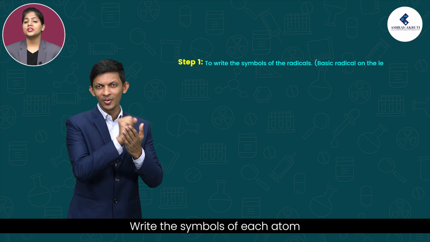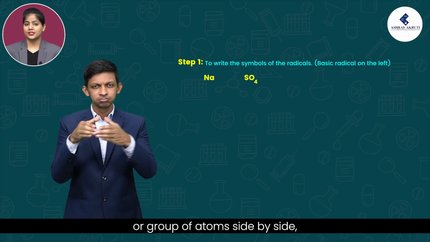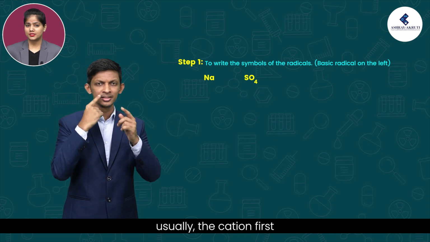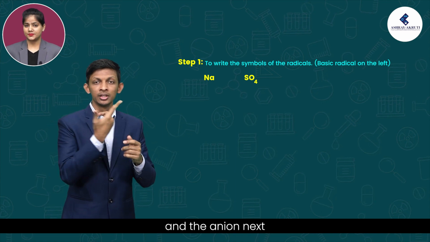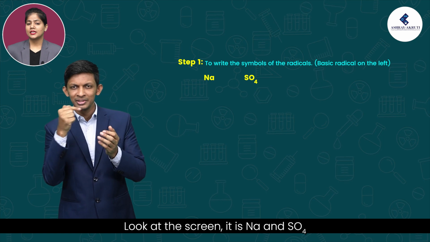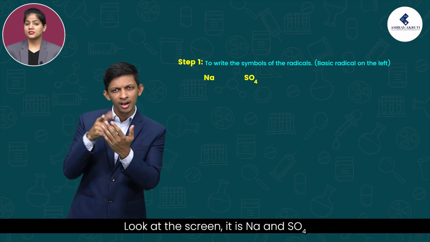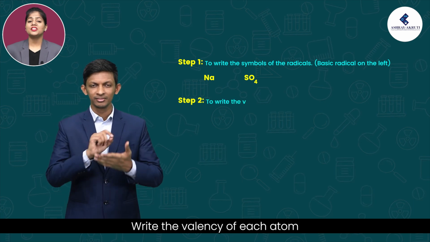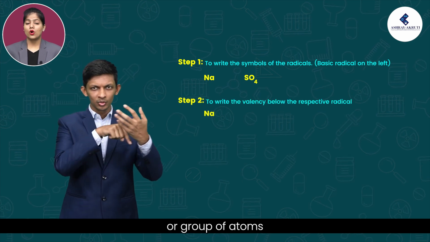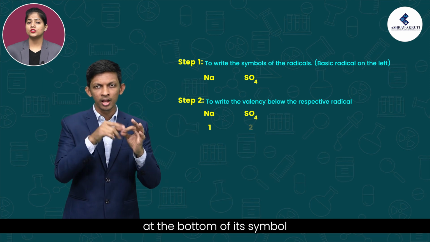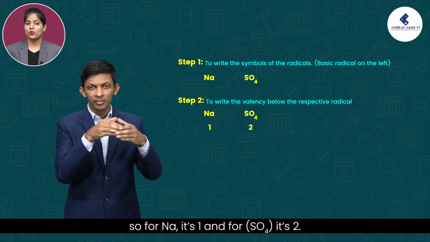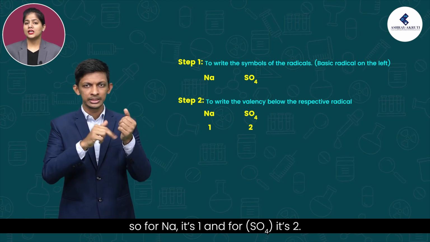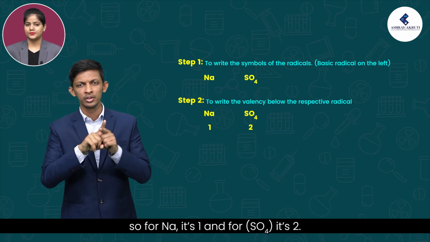Write the symbols of each atom or group of atoms side by side, usually the cation first and the anion next. Look at the screen. It is Na and SO4. Write the valency of each atom or group of atoms at the bottom of its symbol. So, for Na, it's 1 and for SO4, it's 2.